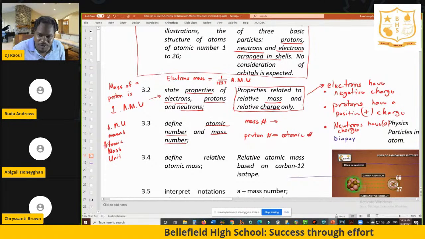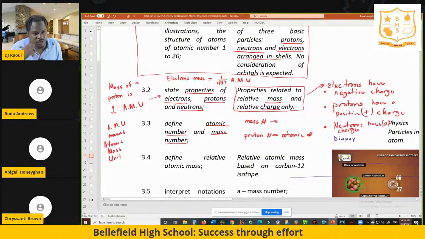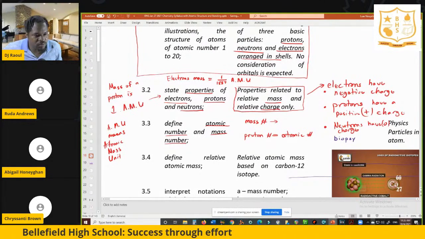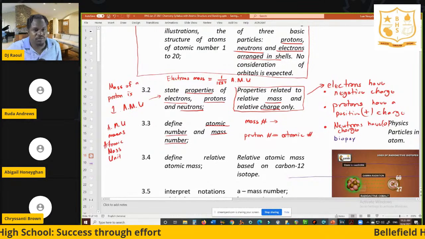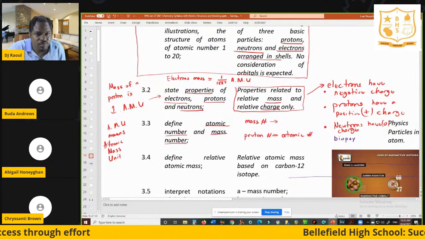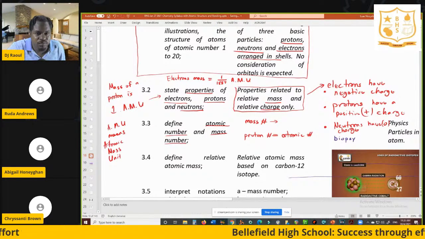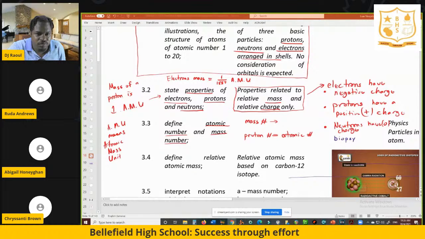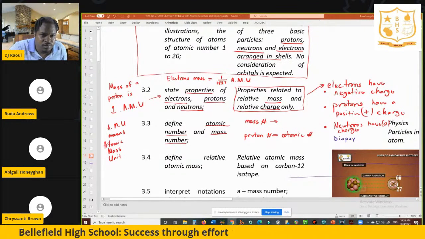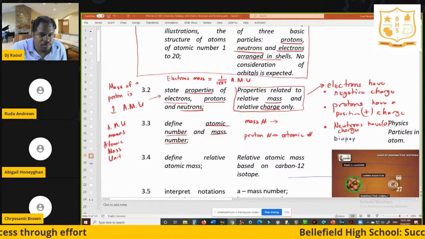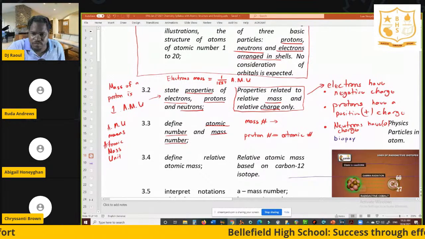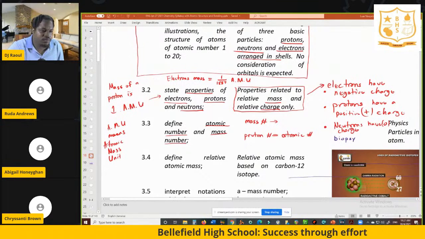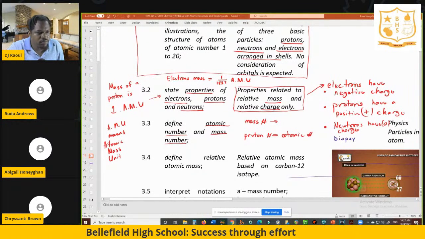All right, what is the mass number now? Sir, mass number is the total number of protons and neutrons in an atom. Okay.